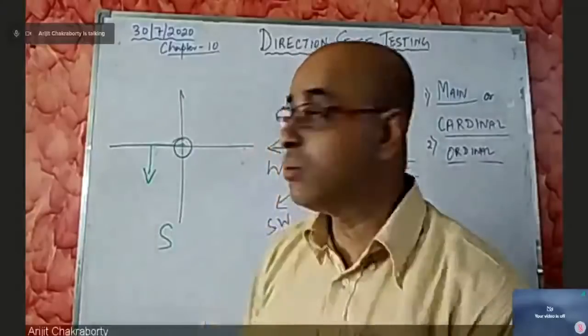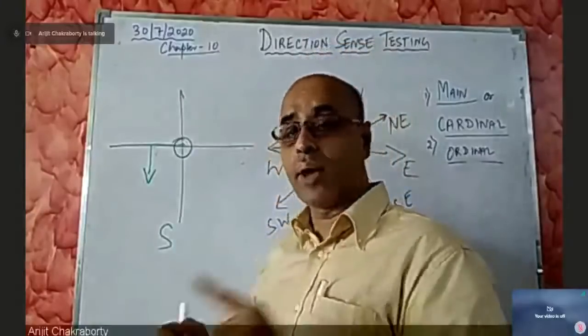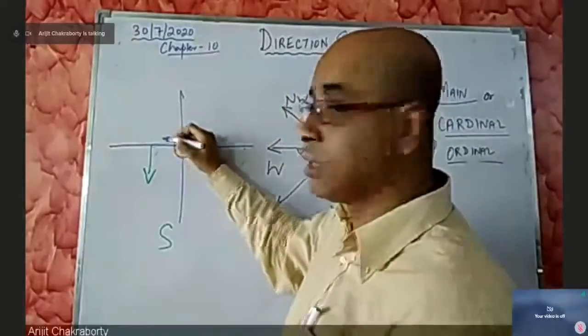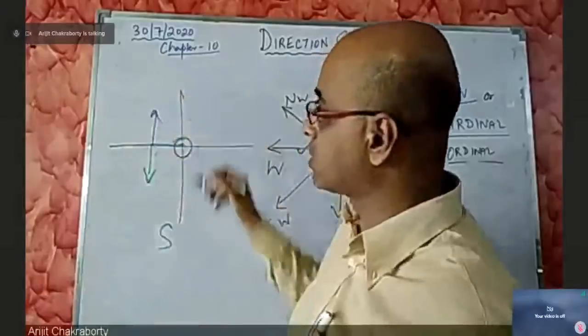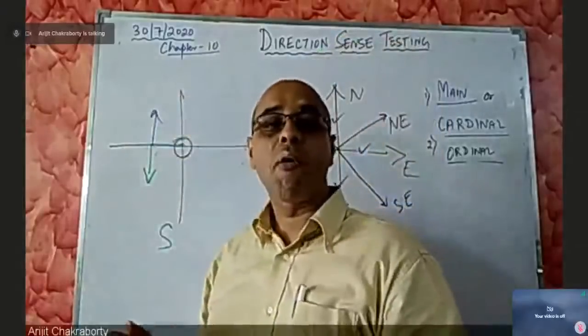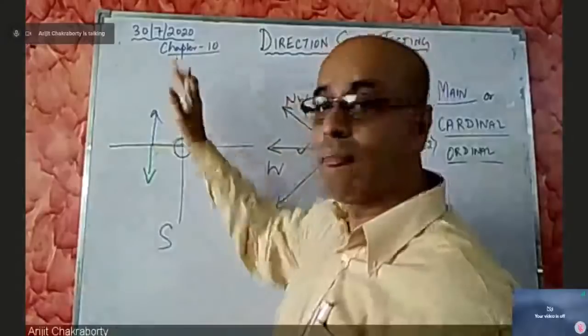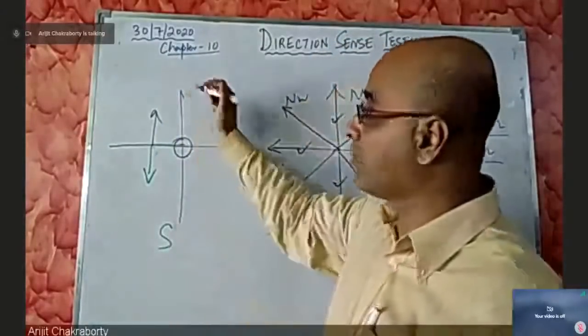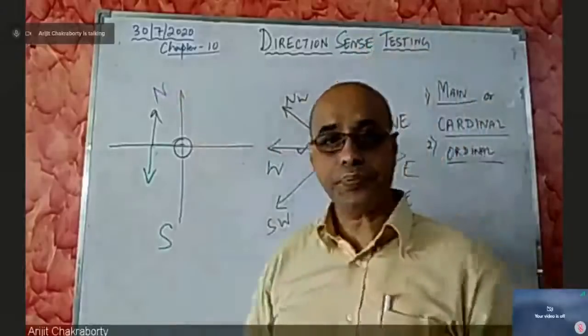Now if you are going left and right, you are going from here to the left side and then you are going to your right side. So this left and right signifies that you are going up. So you are going towards north.